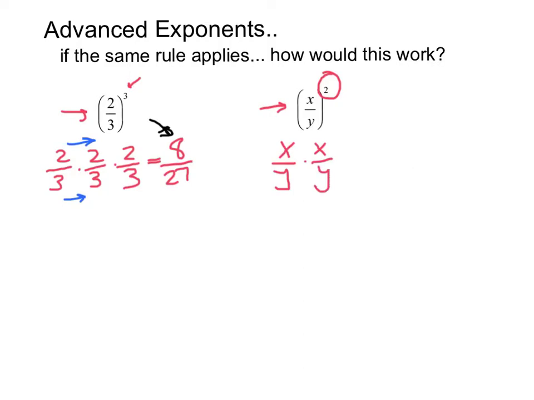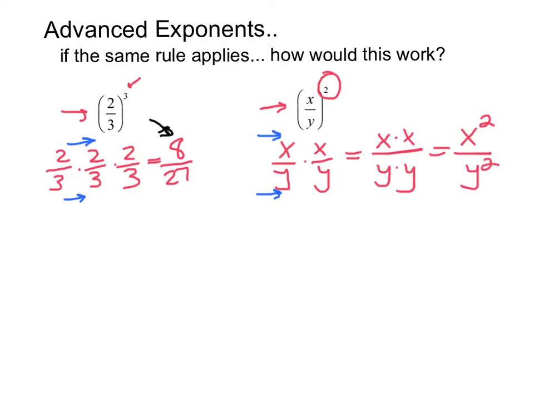If we look at simplifying this and multiply our fractions straight across again, what we get is x times x over y times y. And if we look back at what we know about exponents, we can say that this is x to the second power over y to the second power.